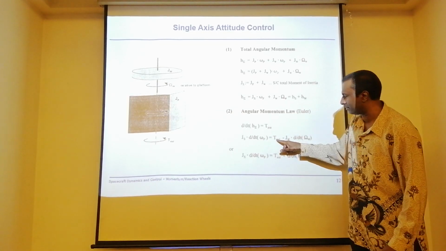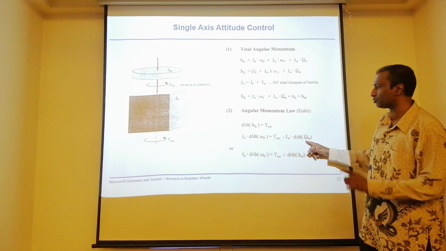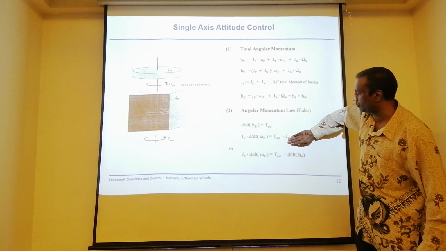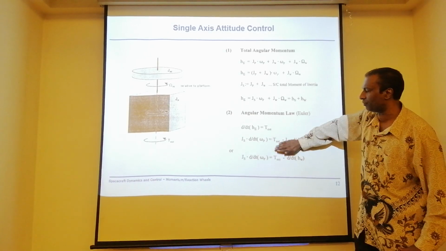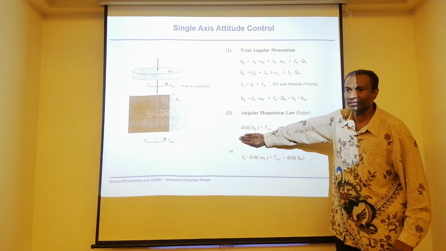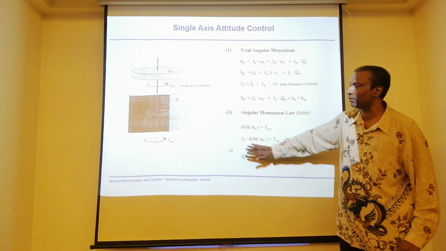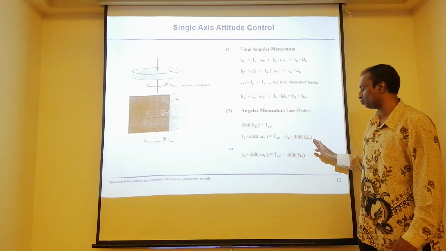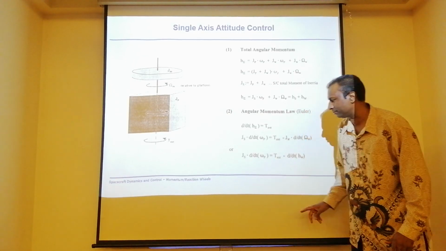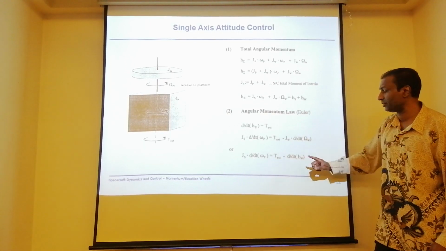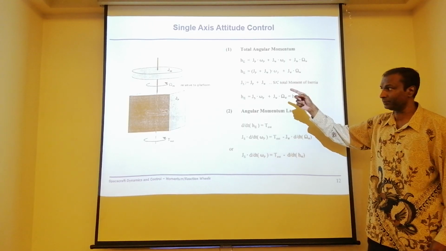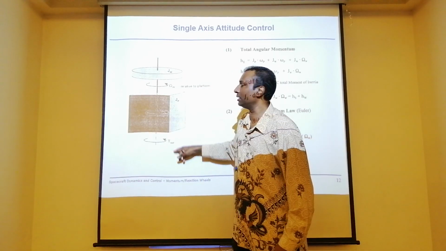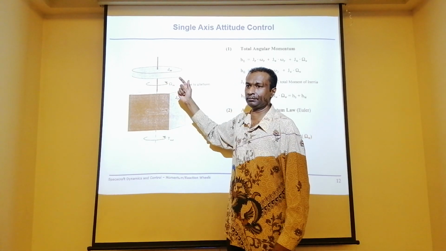Now, when the external disturbance torque is equivalent to the actual torque that the wheel produces, this whole term will be zero. When the whole term is zero, the satellite will not have any motion. It will be perfectly undisturbed. That is what we are supposed to do. So what it says is, look, whenever you want to counteract any external disturbance to the satellite, please rotate the wheel.